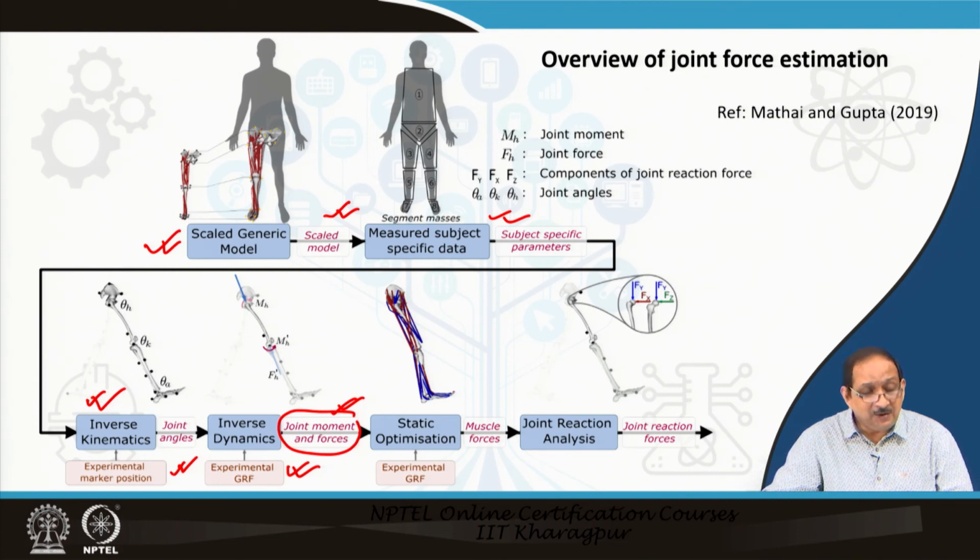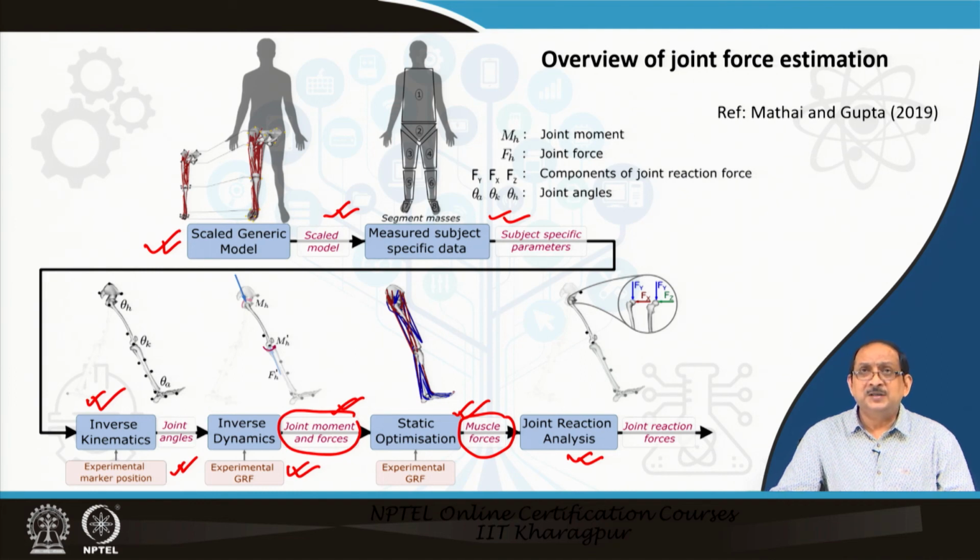Thereafter, static optimization procedure can be employed to estimate the individual muscle forces considering the joint equilibrium. The joint reaction forces can be recalculated as indicated in this schematic overview.